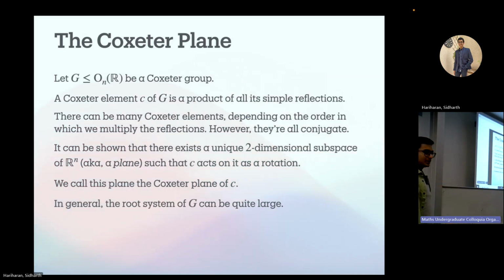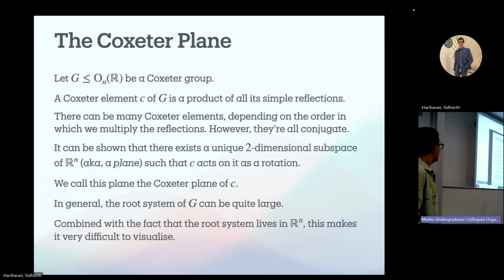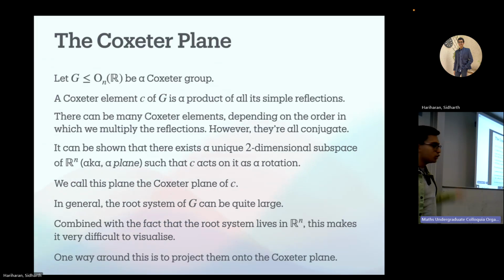Now, in general, the root system is large. In fact, root systems like E8 have 200 plus vectors in them. And even the simple roots, it's 8 dimensions. It's not easy to visualize. So what you can do is essentially project these roots, not just the simple ones, but all of them, onto the Coxeter plane, and that gives you some very nice pictures.